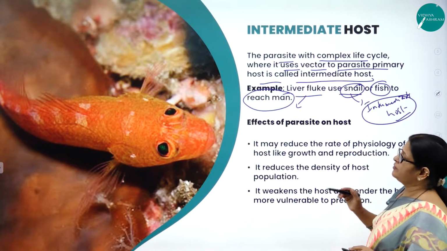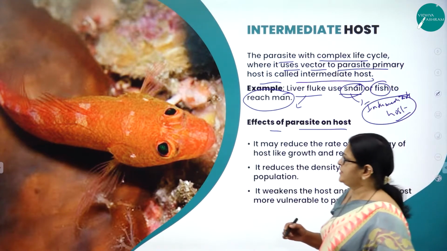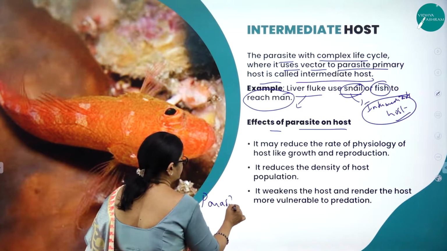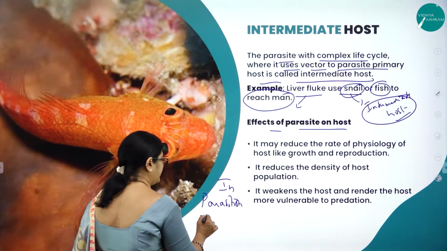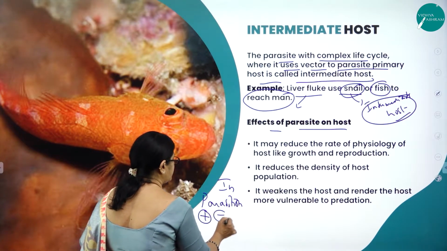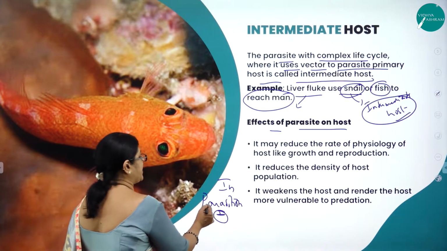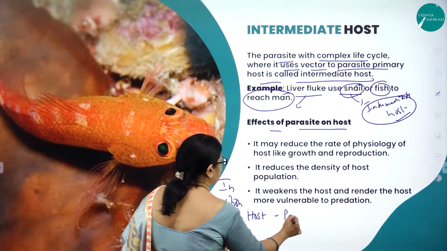In between. Right. Then effects of parasite on host. As I said, in parasitism, one is benefited, the other one is harmed. Parasitism means what? One is the host, the other one is the parasite.